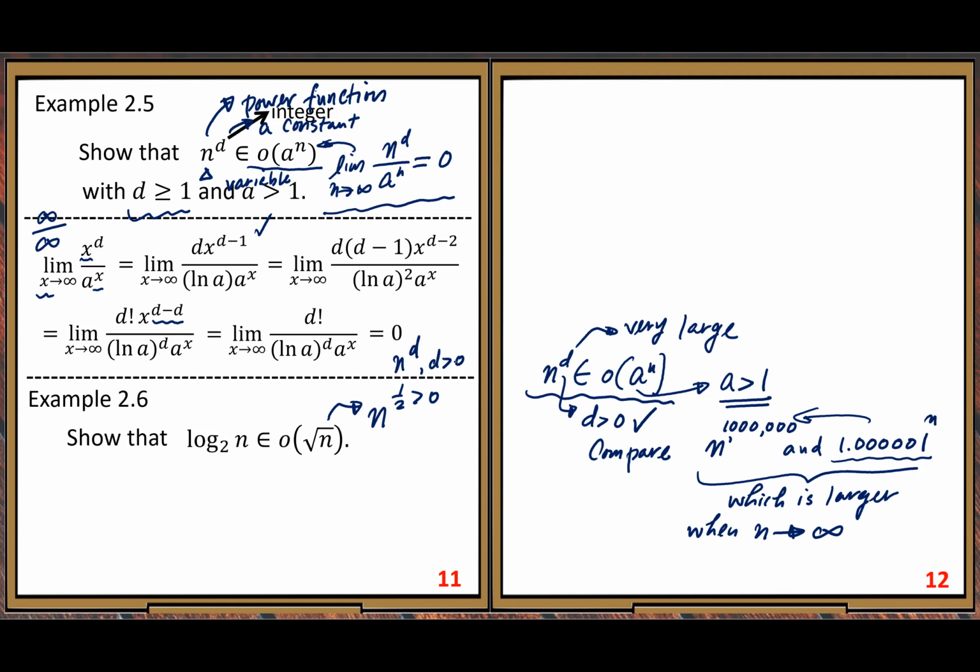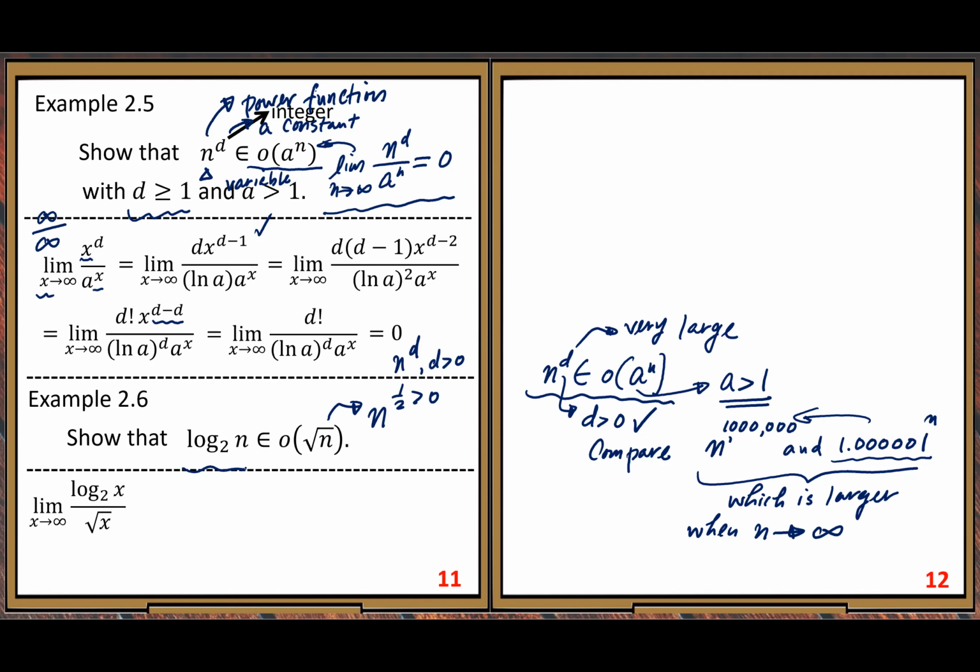But this time, we consider d a small number, because we need to compare with log. We know when d is a large number, the log function cannot compete with the power function. But how about when d is a small number? Can the log function compete with a power function with d a small positive number? Here, we answer that question.